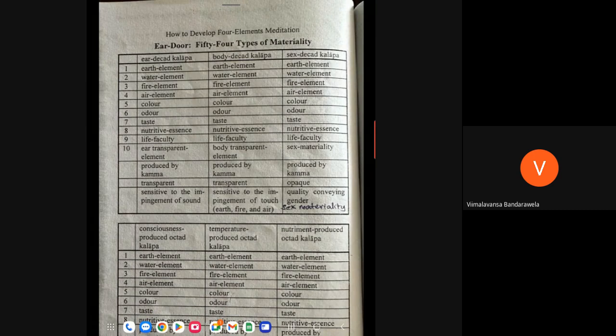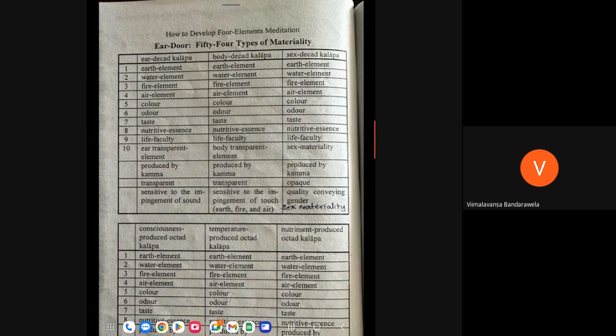Even though it is kamma-born, this is not transparent materiality, it is opaque. While practicing, you need to know this is opaque. The Kaya Dasakalapa and the Sota Dasakalapa are very transparent or translucent.